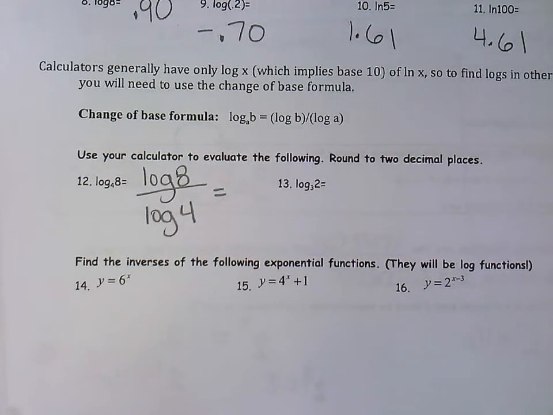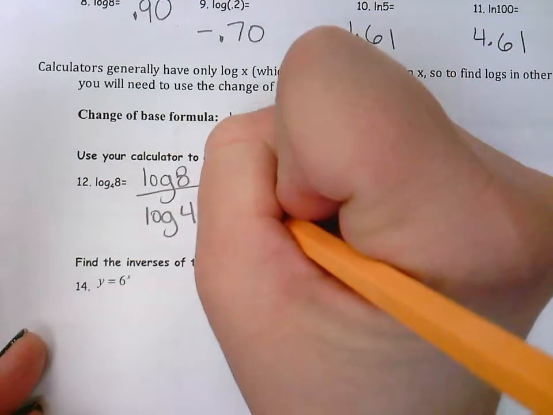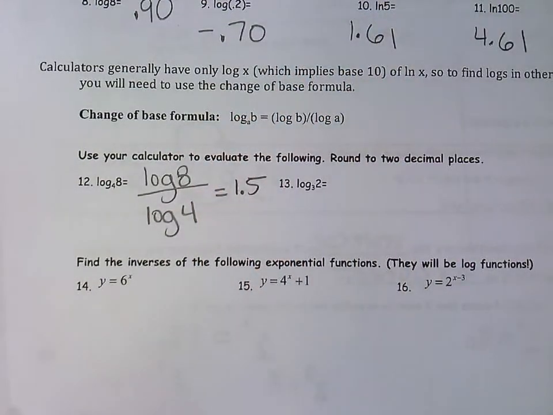So try typing that in on your calculator. The log of 8 divided by the log of 4. Put your parentheses in there. What did you get when you do the log of 8 divided by the log of 4? All right, 1.5. So I want to show you another special key on your graphing calculators.